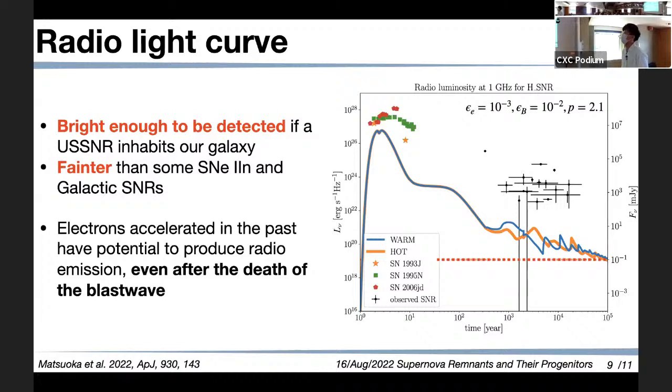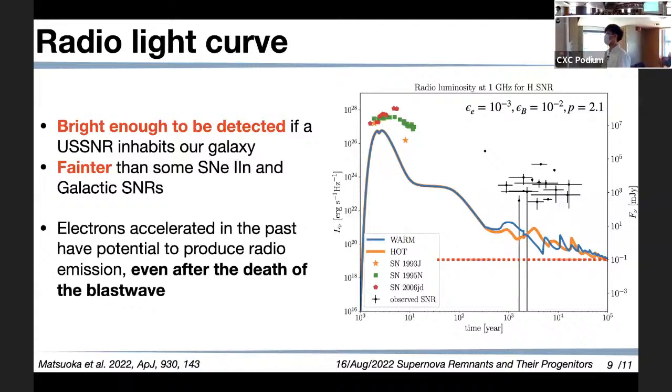This is one conclusion. In addition, I have mentioned that the blast wave is disappearing around 300 years or so. However, the radio luminosity continues to be bright even after that. What occurs is that electrons accelerated in the shock have the potential to produce radio emission, so they can be energetic.